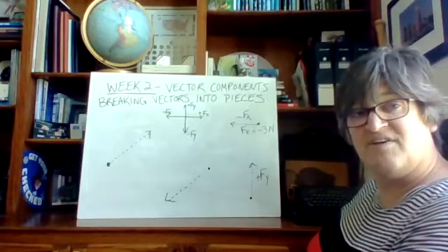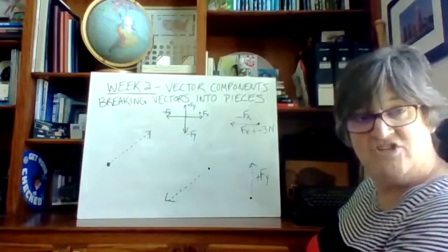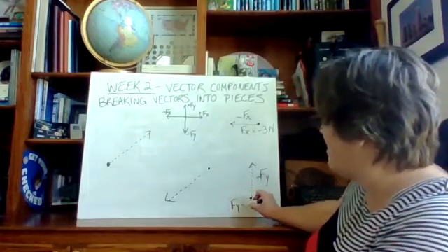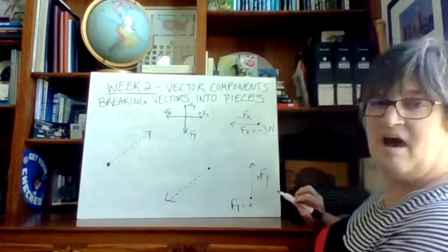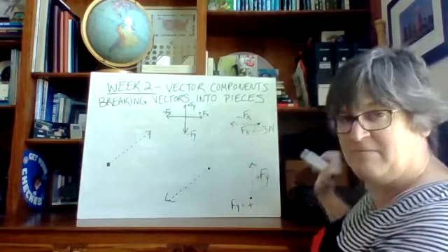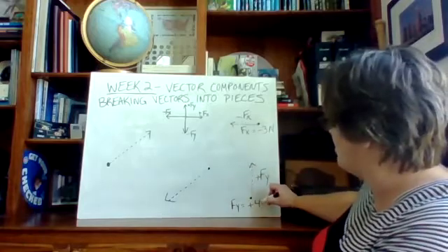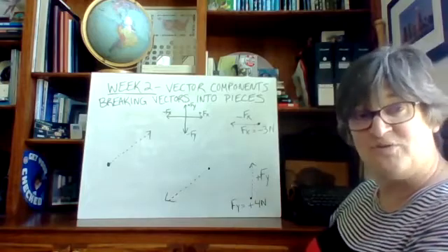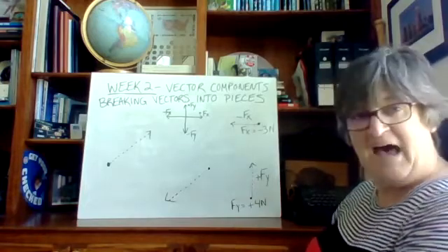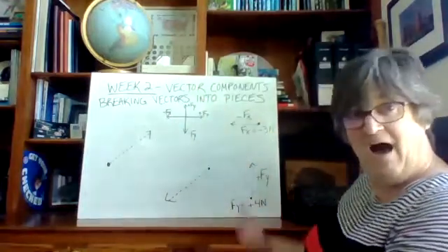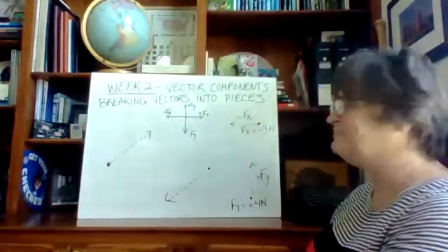If I wanted to give it a numeric value like I should with vectors, I would say Fy equals a positive, and if this was 3, I would probably call this one 4 newtons. And again, I've already given you the direction because I told you it was a y. The fact that it's positive, you would know, oh yeah, positive y's go up, so that would be an up arrow that was 4 long.